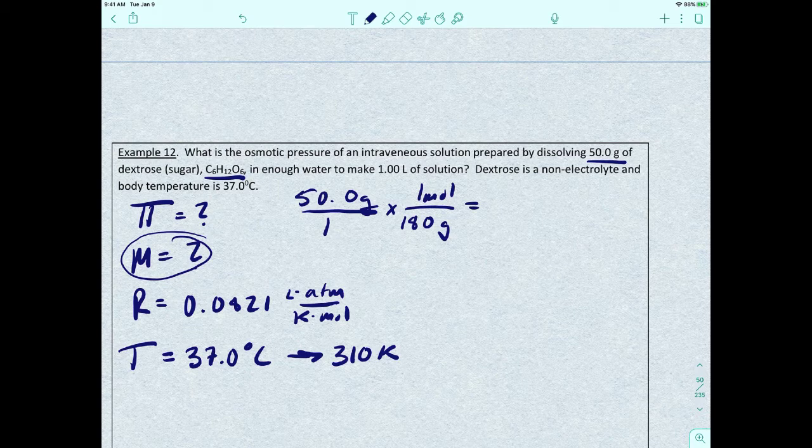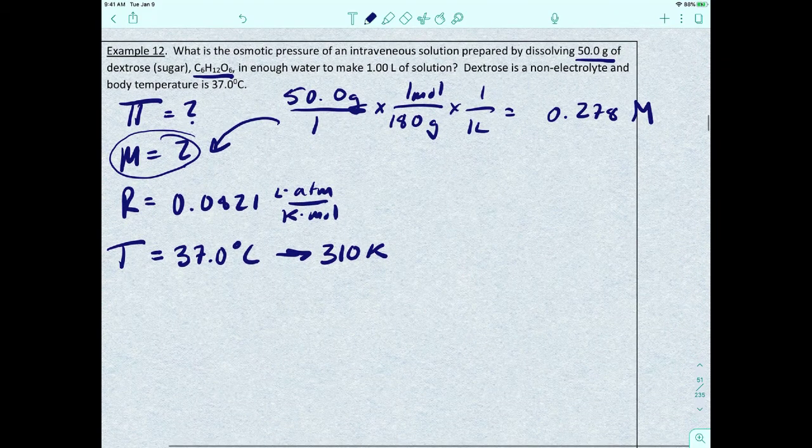So 50 divided by 180, and if we add enough water to make 1 liter, the molarity should be 0.278 molar. So now we know the molarity for the solution.